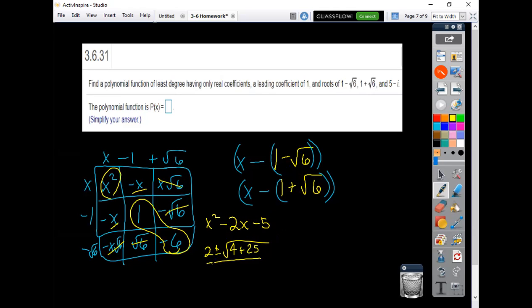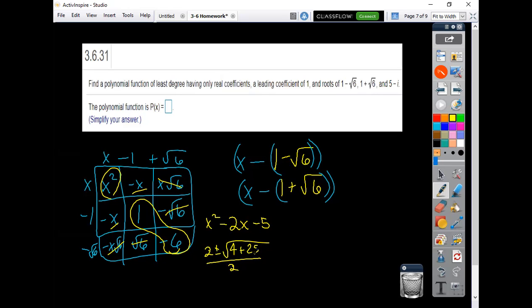I feel like this isn't working out because it seems like that should be my square root of 6 there. I mean, this 2 divided by that 2 gives me my 1, but I don't think I got that square root of 6 in there. I'd have a square root of 29 with what I have so far.